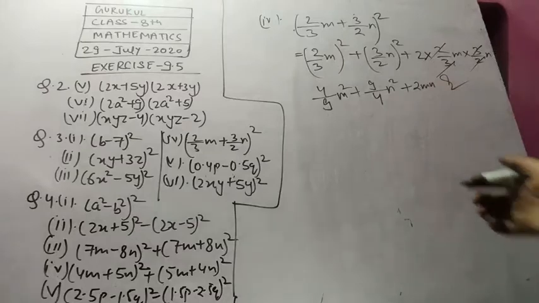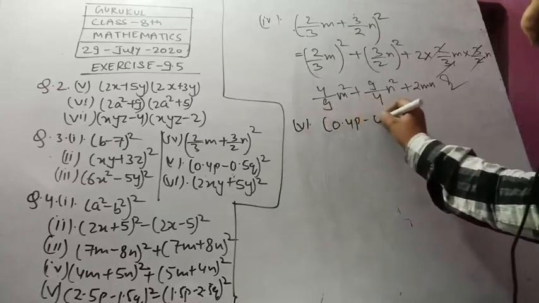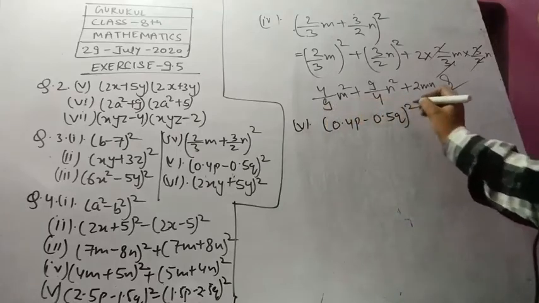Now students, let us solve fifth part of this question. (0.4p minus 0.5q) whole square.